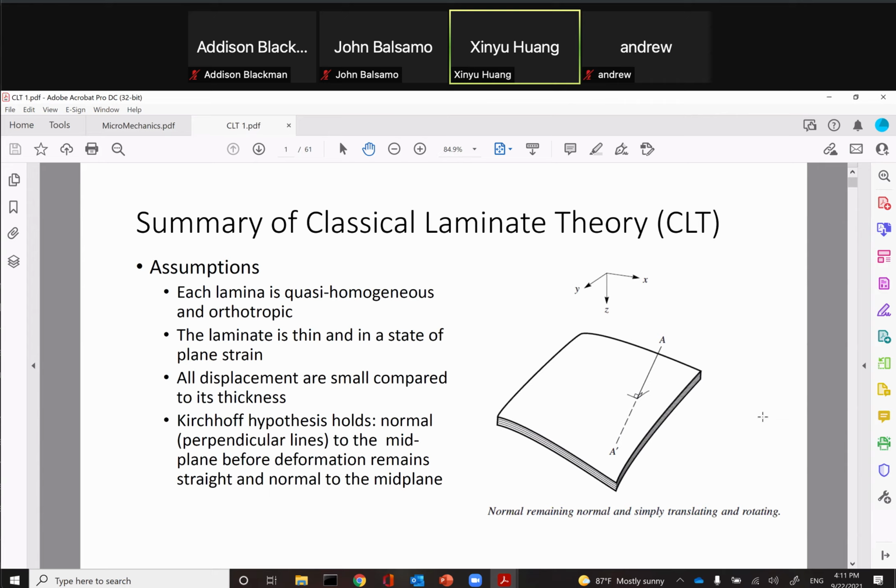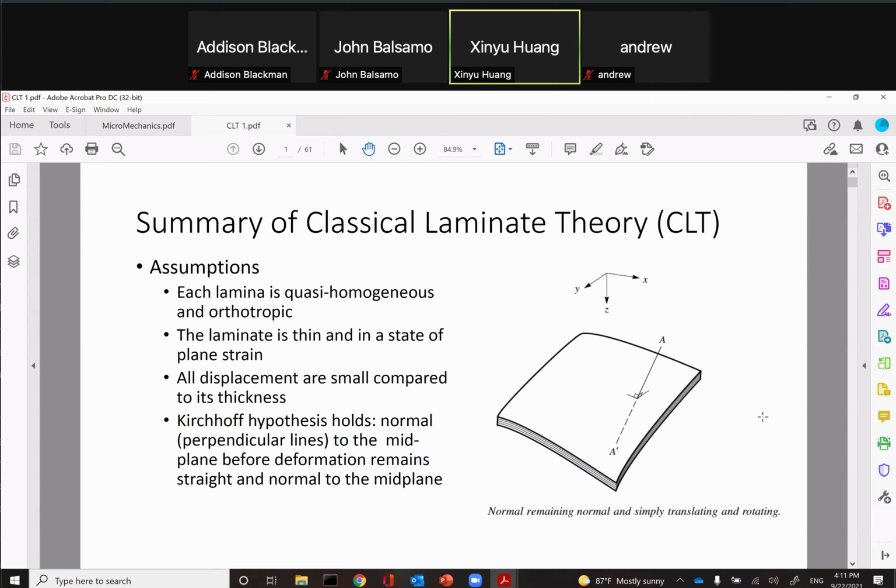Okay. So we assume each lamina is a layer. For a composite plate, we assume it's made of many layers. You can see the little layer drawing here. Each layer is a quasi-homogeneous orthotropic material. It's basically similar to a prepreg cured into a layer. It's very thin.